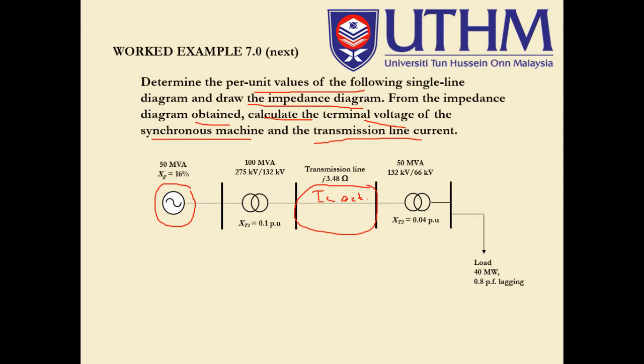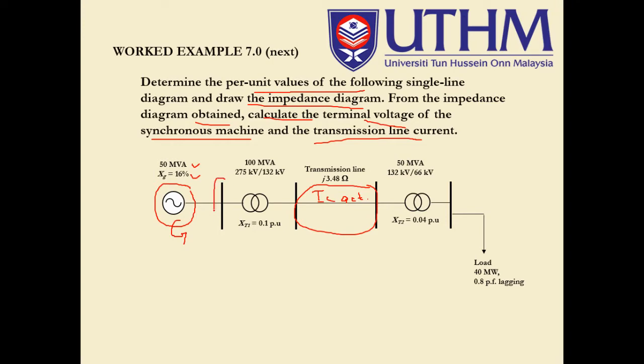Now, before we start with the analysis, how can we actually understand the single line diagram? This is again the generation side. We have our generator over here with the impedance of 50% and the apparent power as 50 MVA.